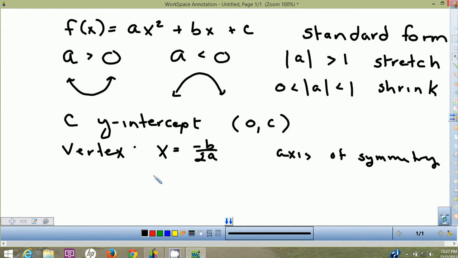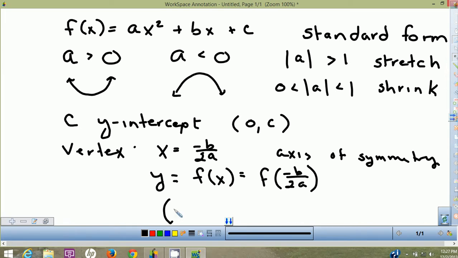Well, what about the y value? To find the y value, I have to do f(x), which in this case means I have to do f(-b/(2a)). I'm going to substitute that -b/(2a) back into my function and find my y value.